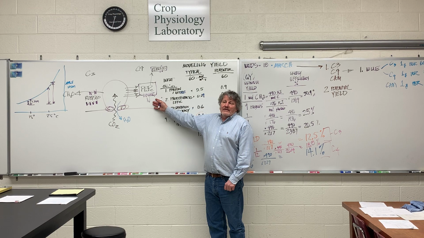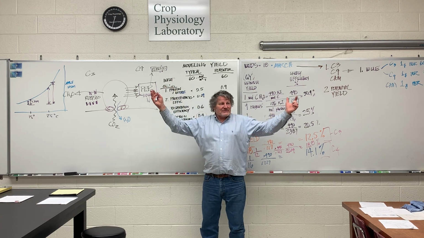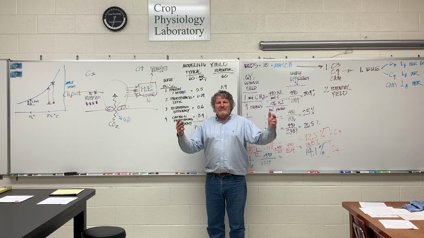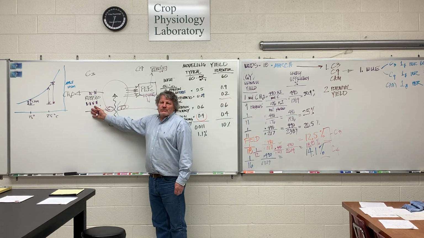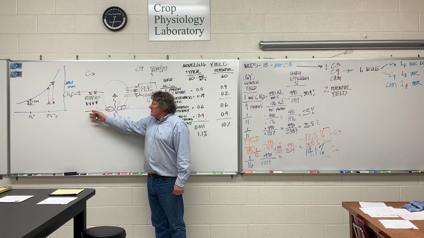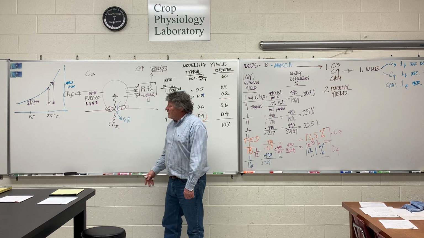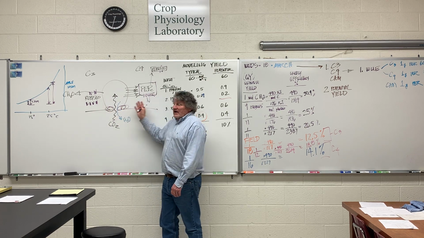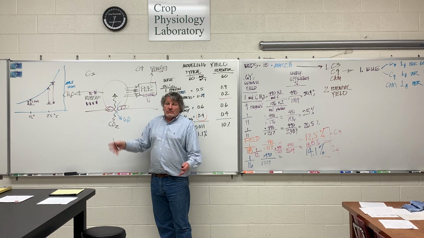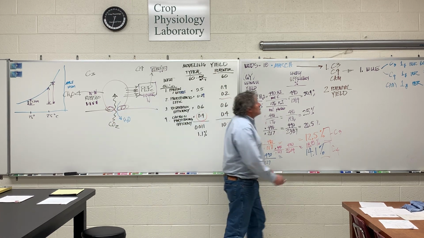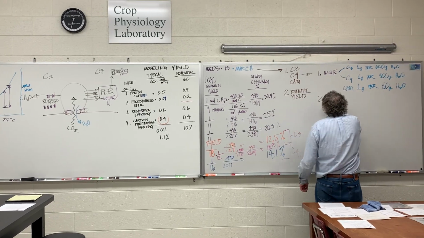But we got a Haber-Bosch process. We just pump oil out of the ground, make nitrogen, and put plenty of N on, so we can use C3 plants because we just fertilize them with N. So in ecology this is a huge advantage. In agriculture, it's less so because we just fertilize them.